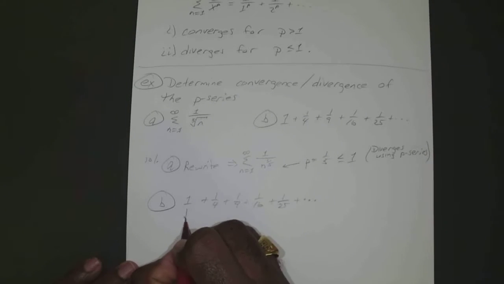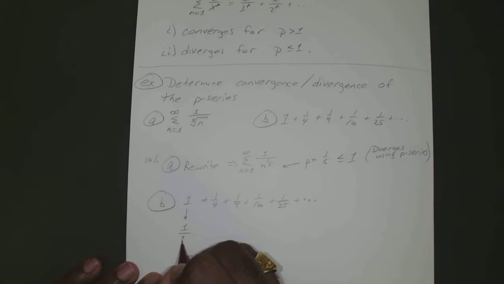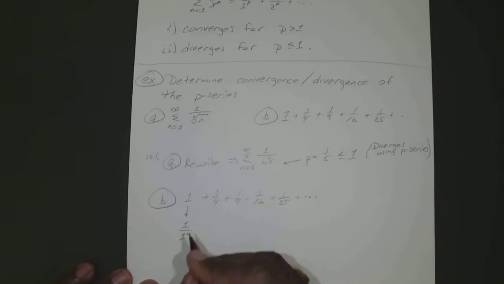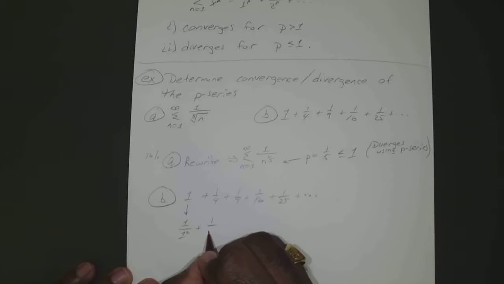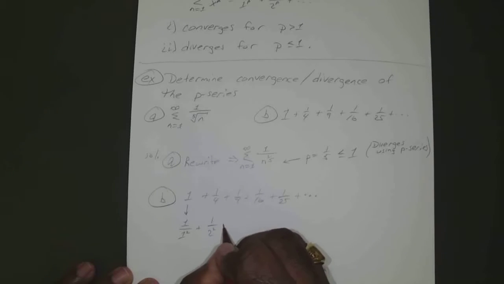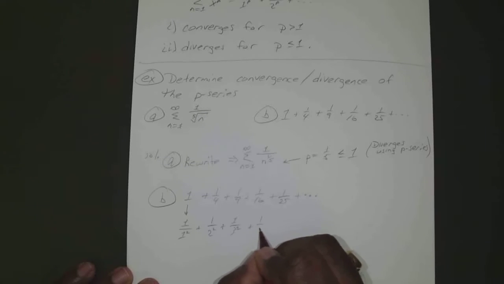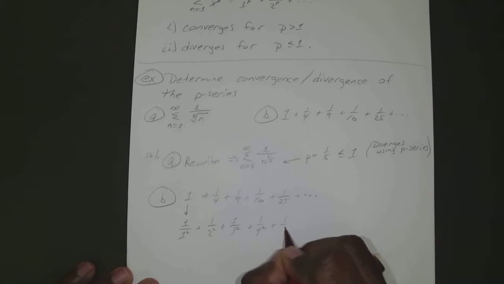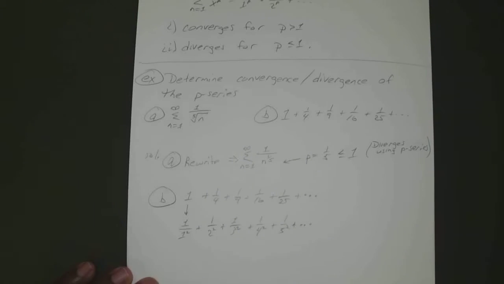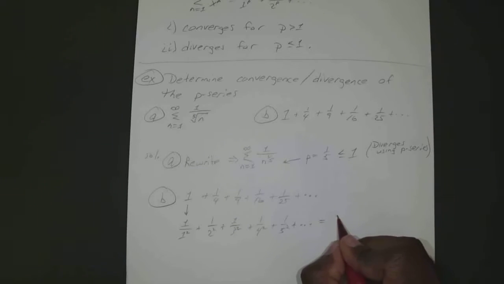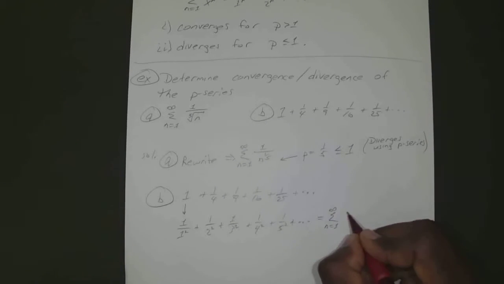So we can rewrite this instead as 1 over 1 squared plus 1 over 2 squared plus 1 over 3 squared plus 1 over 4 squared plus 1 over 5 squared, etc., which gives us the sum from n equals 1 to infinity of 1 over n squared.